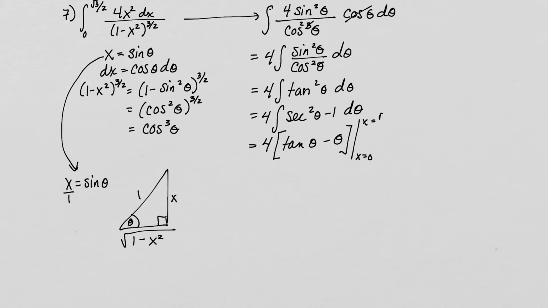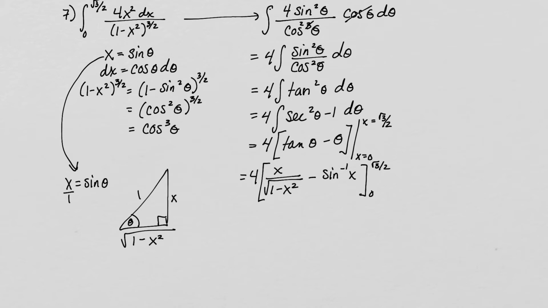So it's x equals 0 to x equals root 3 over 2. So this is going to be 4. I'm going to read the tangent off the triangle, so x over the square root of 1 minus x squared, minus theta, which is going to end up being the inverse sine of x, all evaluated from 0 to root 3 over 2.